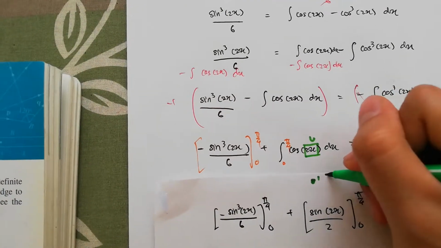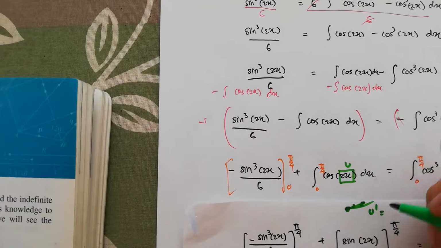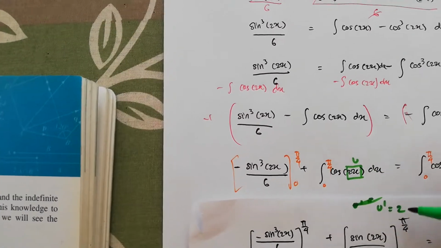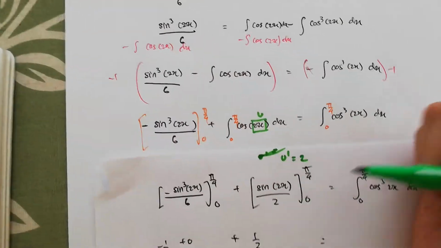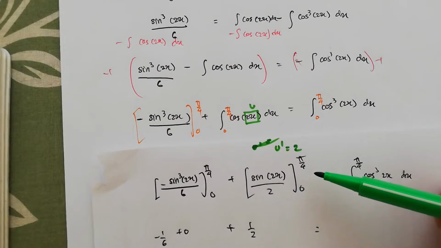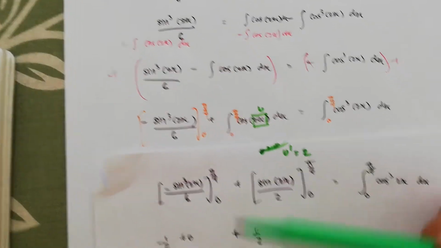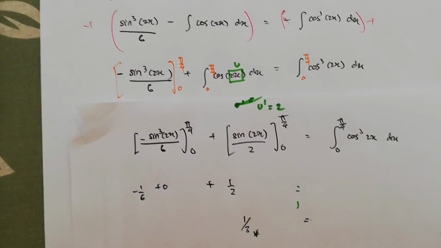Differentiation of u is 2: 2x, you differentiate, you get 2. So instead of multiplying, now we divide because we're integrating it. Then we apply the definite integral from 0 to pi over 4, and you just press in your calculator, you get 1/3. That's the answer. Okay, bye.